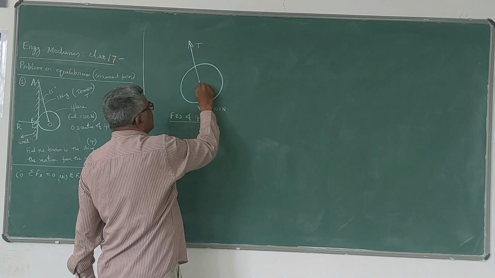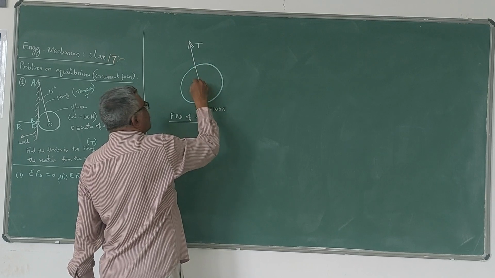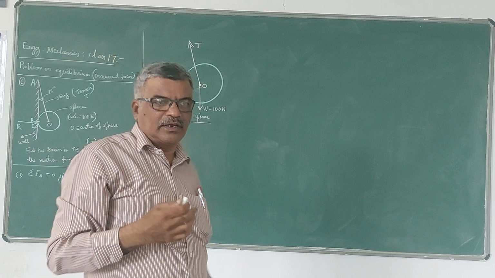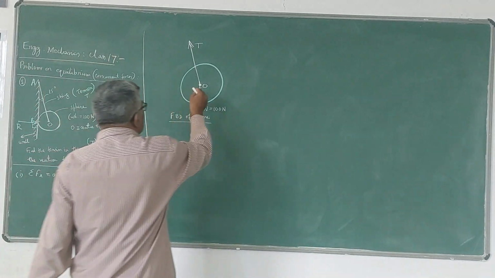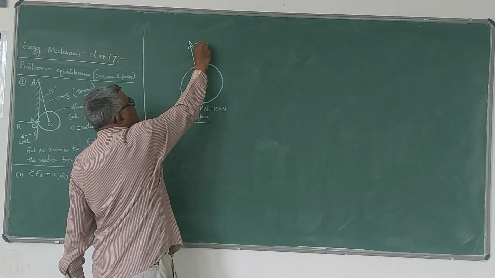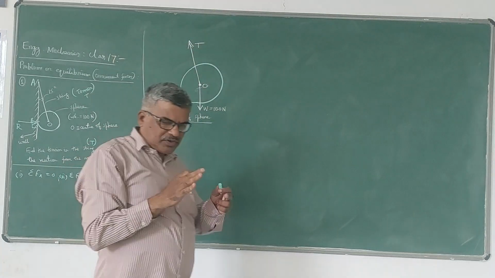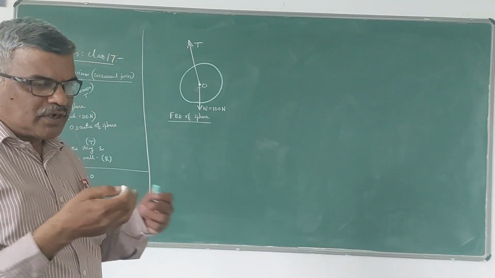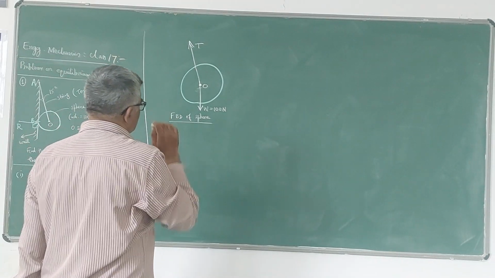So naturally, the tendency of the force in the string is to pull the object. So it will be acting like this, away from the point, that is why it is called tension. So always tension force is designated by showing the arrow away from the point, and compression force is designated by showing the arrow towards the point.